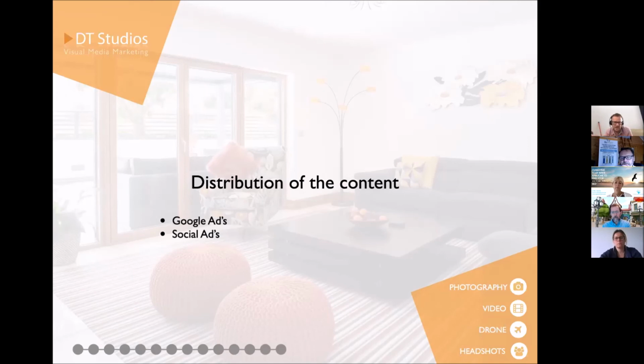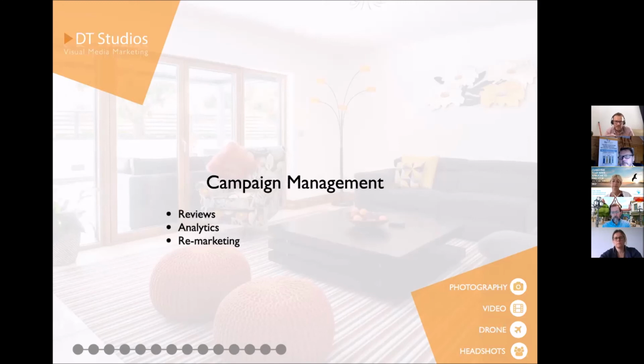They all like slightly different things, but we can work with all of those to get your adverts out there into the media. And then we do what we call the campaign management. The campaign management is we monitor how the ads are doing, we monitor the reviews, we monitor the analytics, and then if there's any remarketing needed to do, we do that as well.